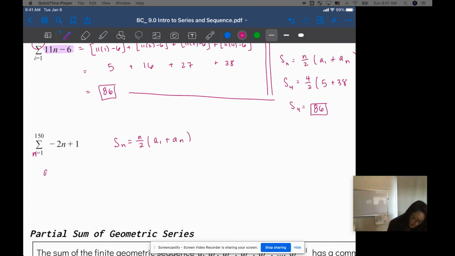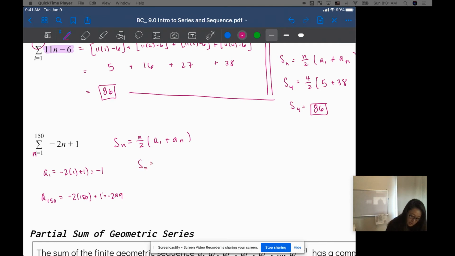On the side, a sub 1 is negative 2 times 1 plus 1, which is negative 1. And a sub 150 is equal to negative 2 times 150 plus 1, so negative 300 plus 1 gives me negative 299.